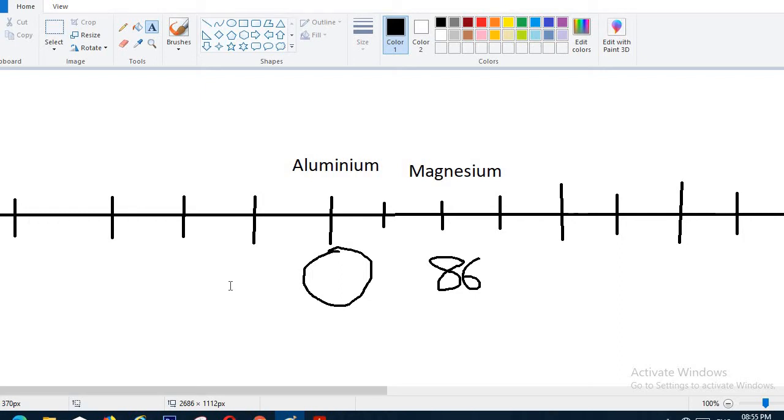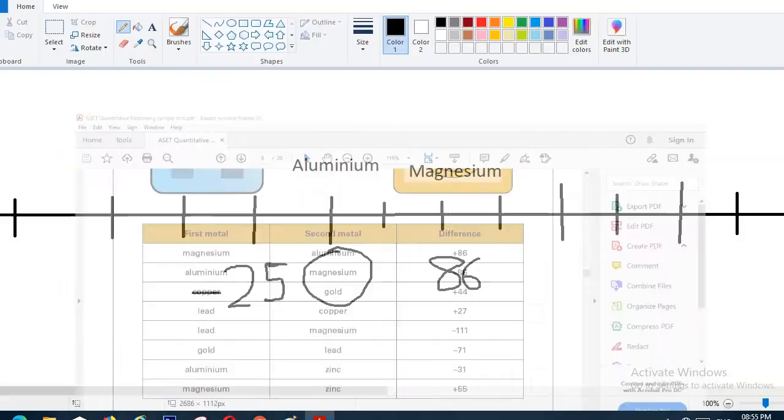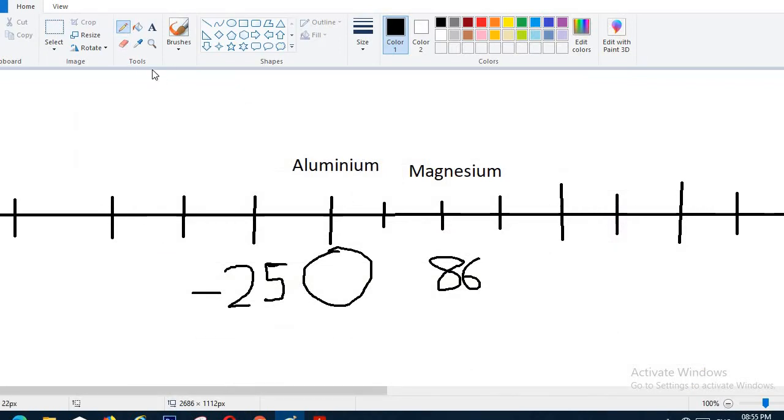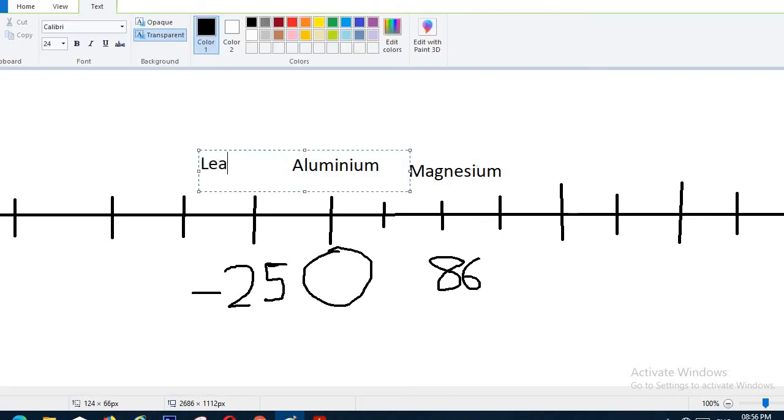Let's suppose: 86 plus 5 is 91, and 2, 20. So let's suppose this is minus 25 now, and suppose this is lead.